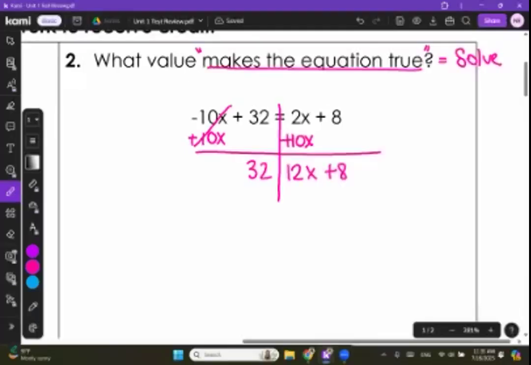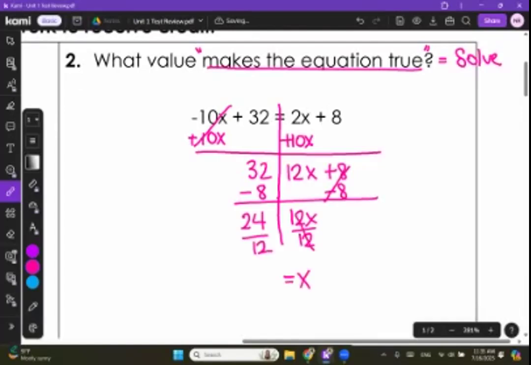Our constant is the 8, plus changes to minus. 32 minus 8. And the last step is to divide. So you get x equals 24 divided by 12 is 2.